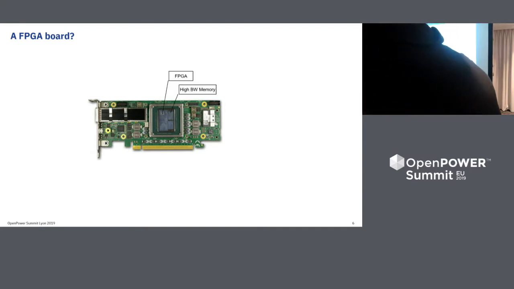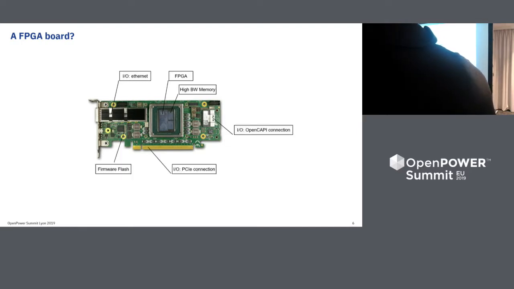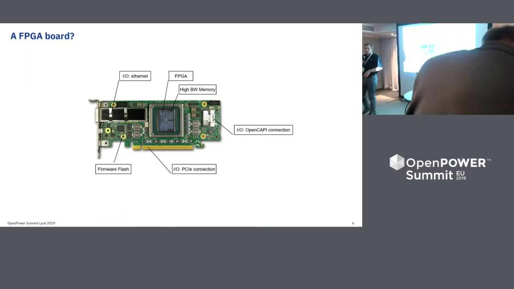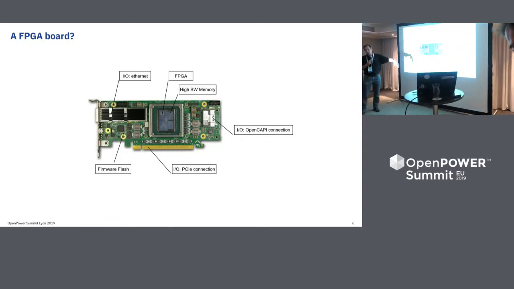So what is an FPGA card? It's made of 3 different types of things. One is the FPGA. You can have some memory bandwidth here, high bandwidth memory, sorry, here or on the card. And you have some IOs.